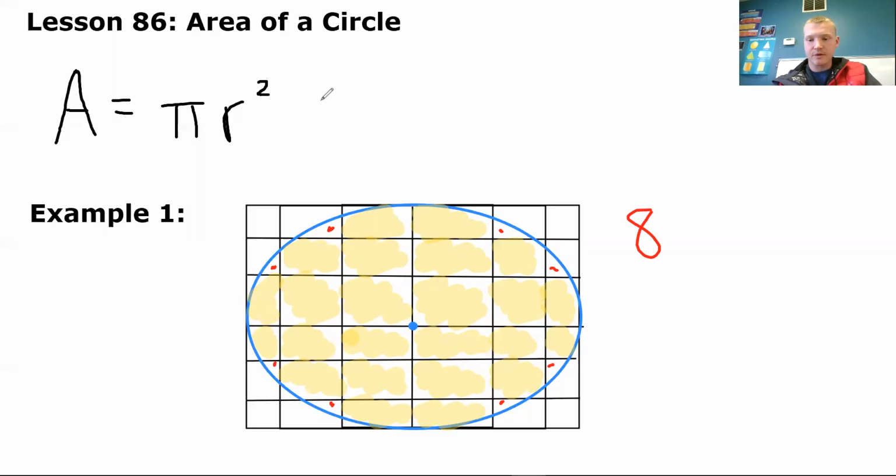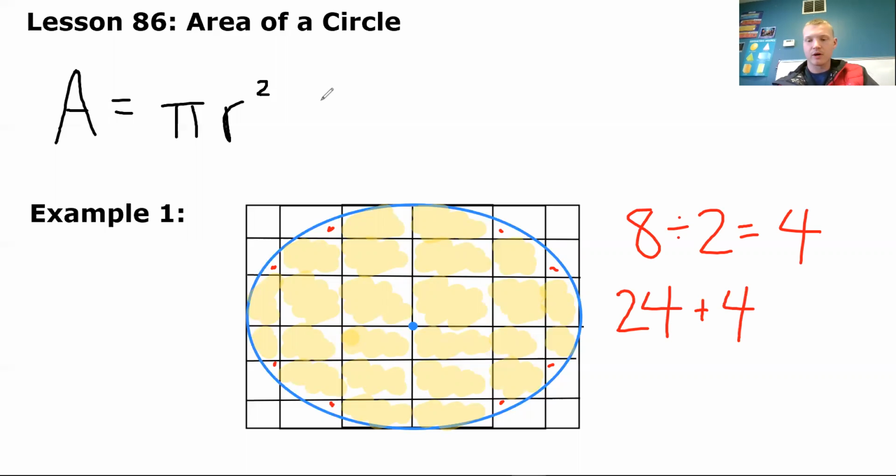Half of 8, so 8 divided by 2 equals 4. That's an extra 4 units that I can add to my total 24. So 24 plus 4 equals 28 units.